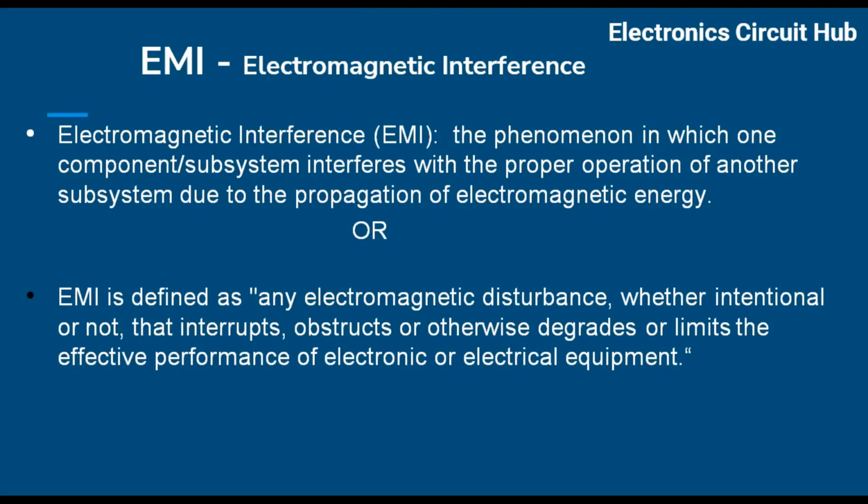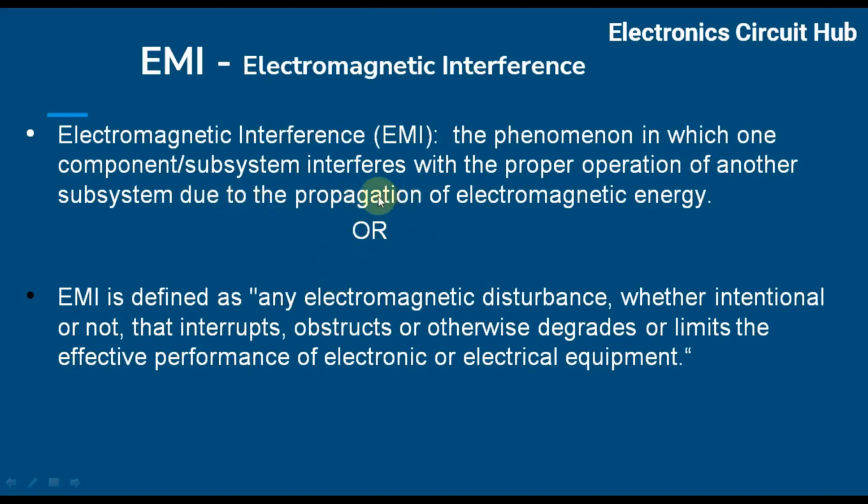What is EMI? Electromagnetic interference. EMI is the phenomenon in which one component or subsystem interferes with the proper operation of another subsystem due to the propagation of electromagnetic energy.